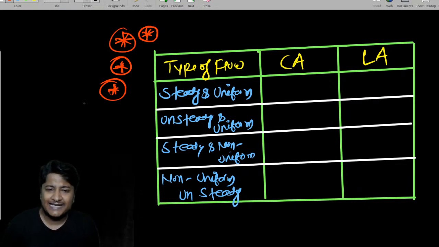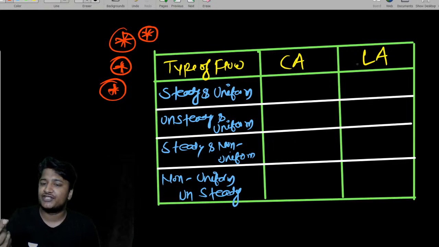चलिए बताइए, for steady and uniform flow whether CA will be 0 or not equal to 0, it will be 0 or non-zero.